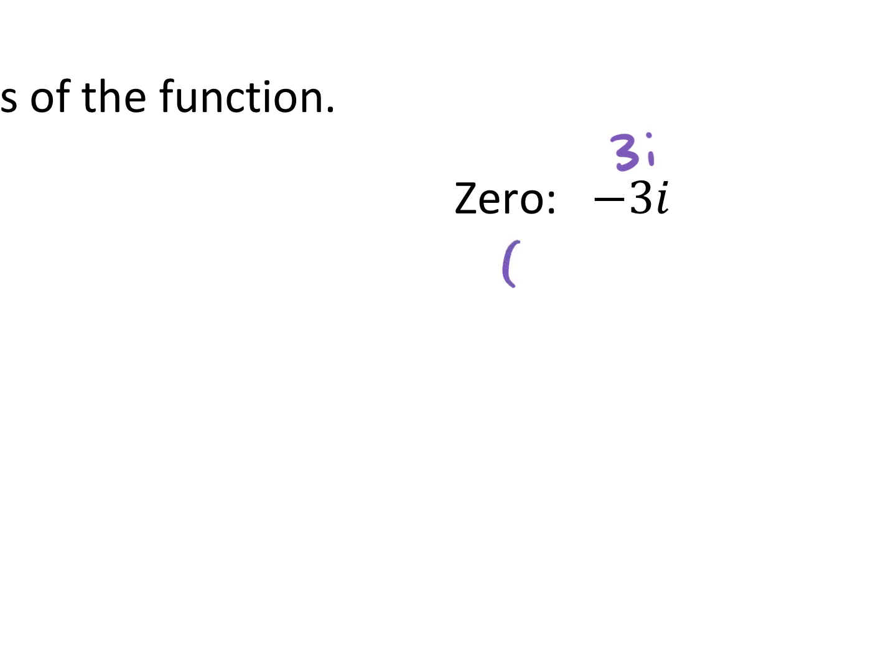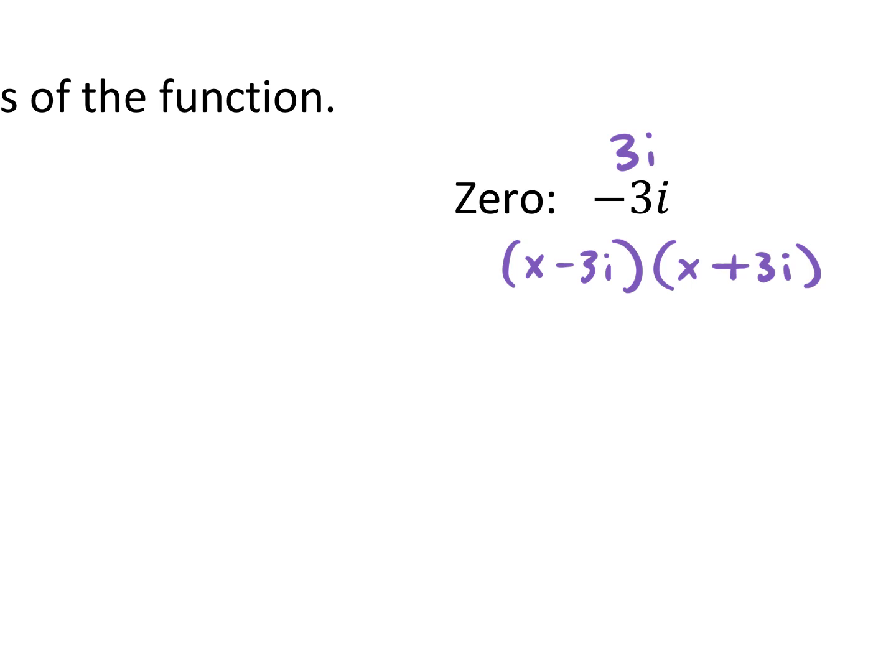So we work backwards. So if 3i and -3i were zeros, I would say x minus 3i and x minus -3i, which would turn into plus. So these are two zeros, two factored parts. How we got the zeros.